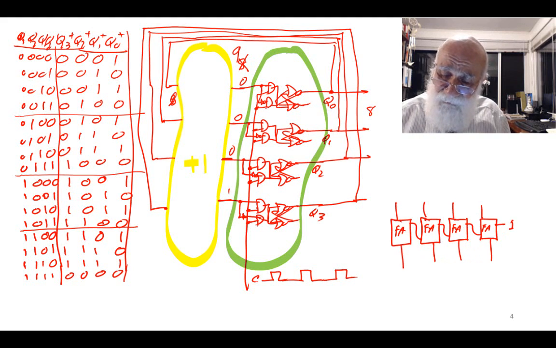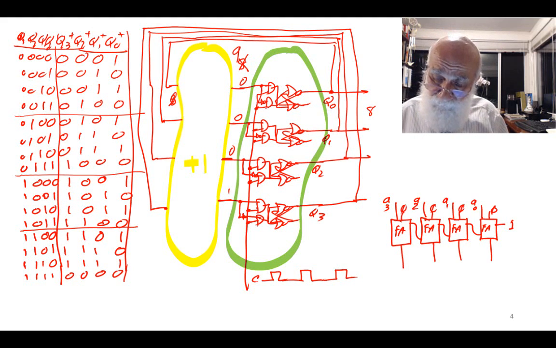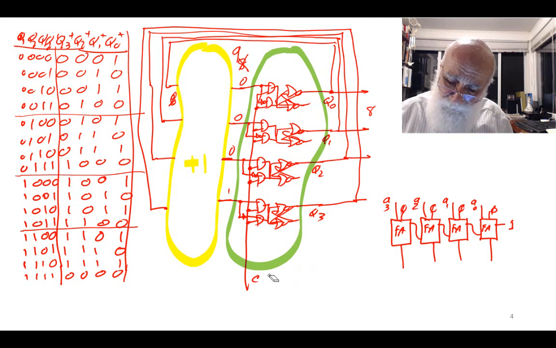I'm going to put the 1 in the carry in, and then this is A3, A2, A1, A0, and for B I'm going to put zeros here.